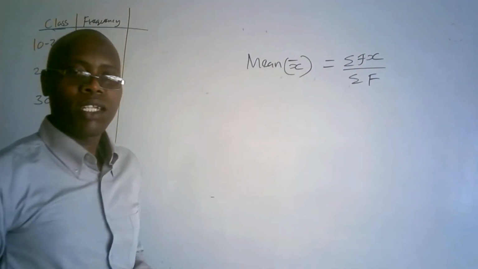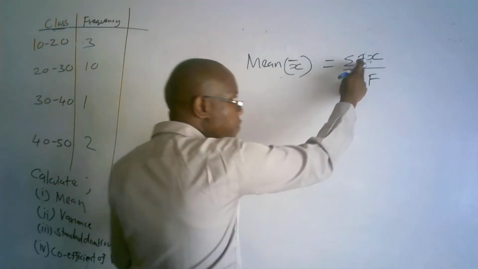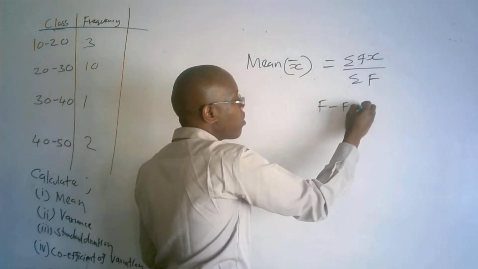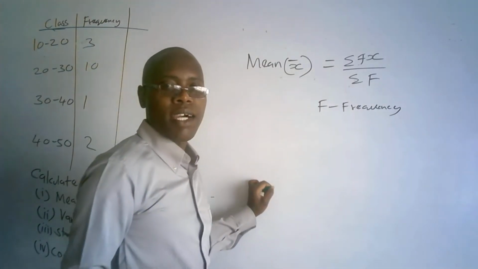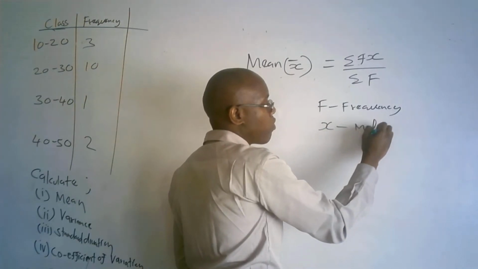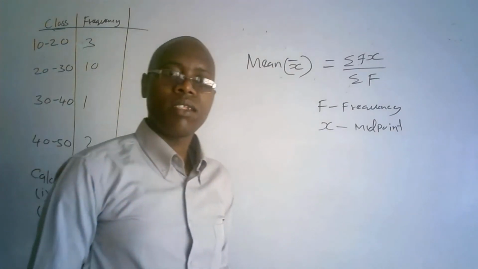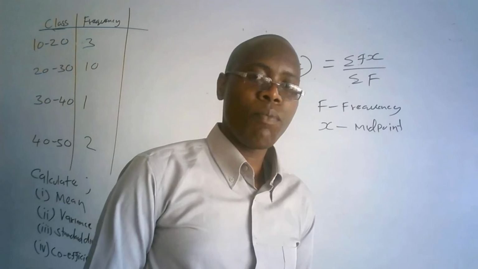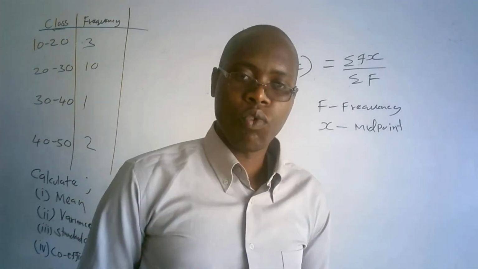In this case f is the frequency, and x is the midpoint. That's the formula that we use in calculating the mean of grouped data.